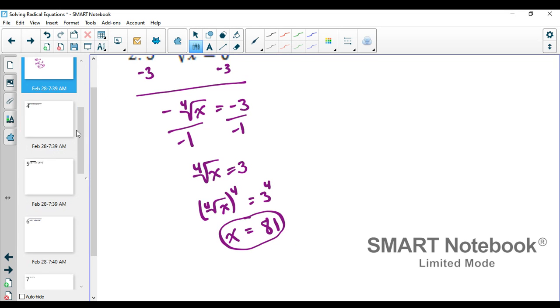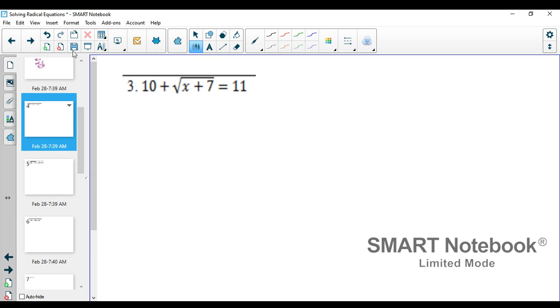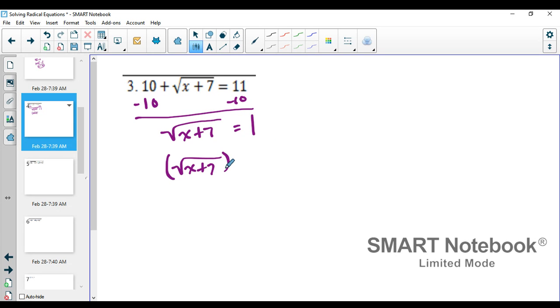So moving on to number 3. So we have 10 plus the square root of x plus 7 equals 11. So the first thing we're going to do is subtract the 10. So that we have the square root of x plus 7 equals 1. And now to get rid of the square root, we're going to square both sides so that it looks like this.